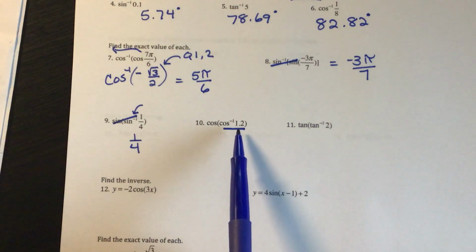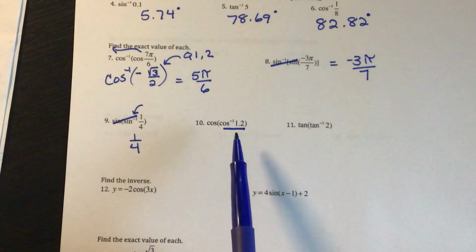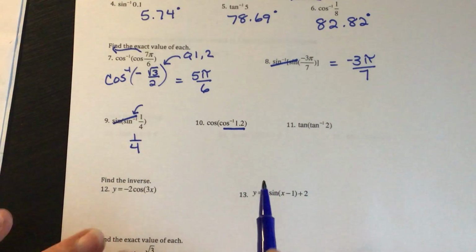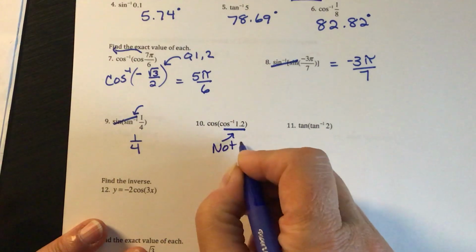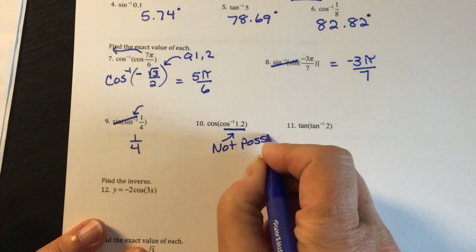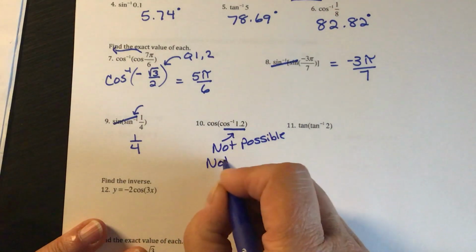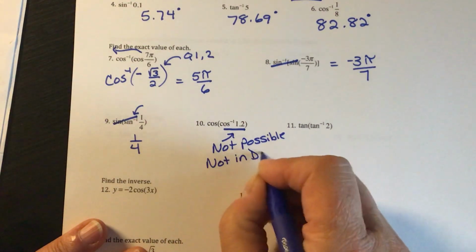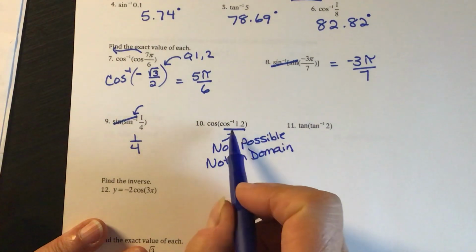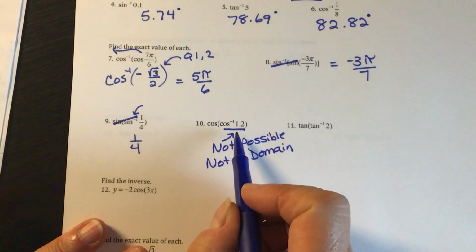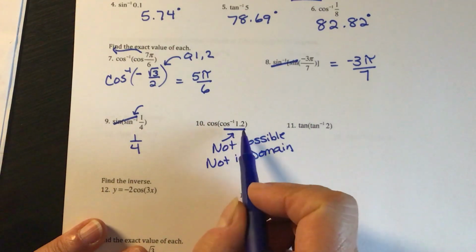So there is not an angle that will give me a cosine of 1.2. So in that case, this is not possible because it's not in our domain. The highest value for cosine is 1. I'm not going to get a 1.2.